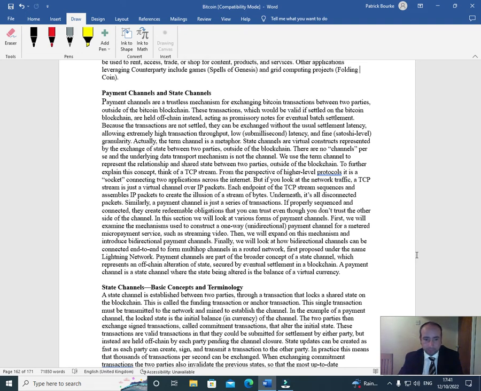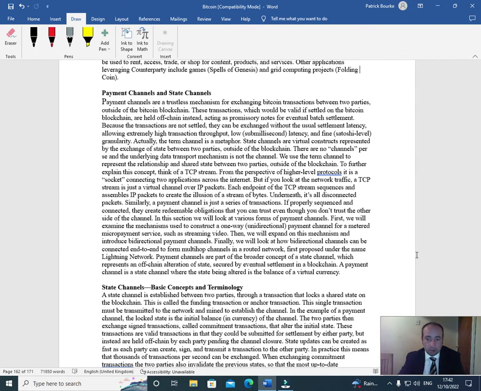First, we will examine the mechanisms used to construct a one-way unidirectional payment channel for a metered micropayment service such as streaming video. Then we will expand on the mechanism and introduce bi-directional payment channels. Finally, we will look at how bi-directional channels can be connected end-to-end to form multi-hop channels in a routed network.